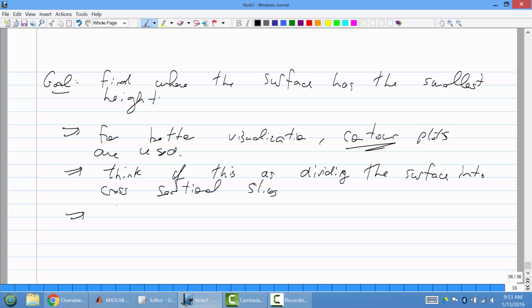Each slice has an amplitude, and you want to plot these slices on the actual contour plot. So each slice has an amplitude, and you project it on the XY plane.